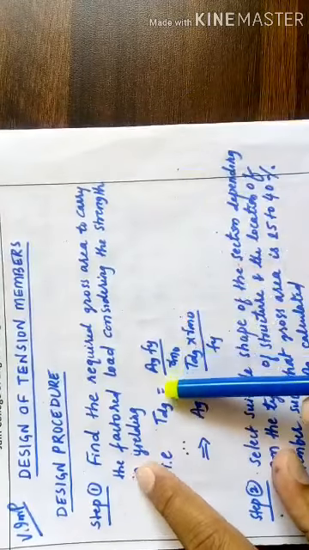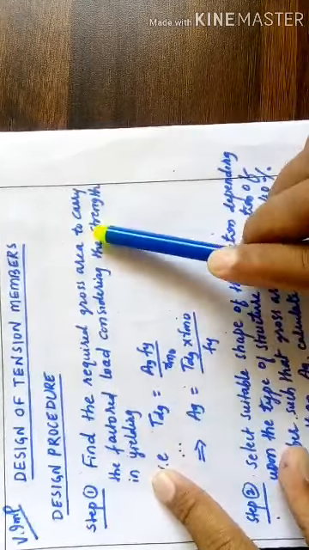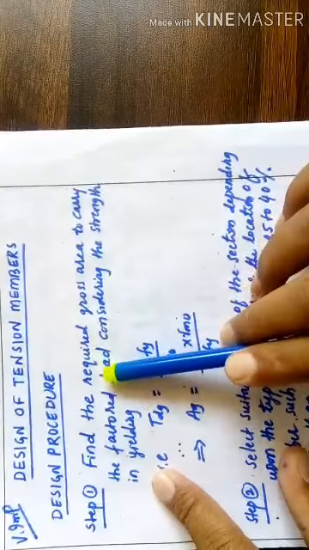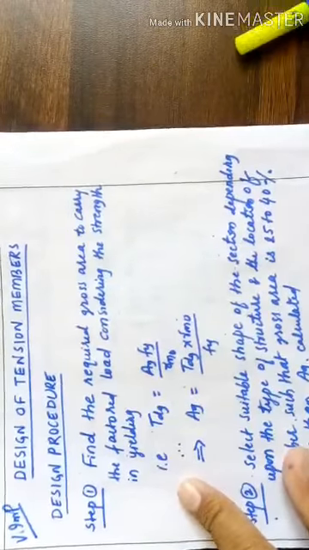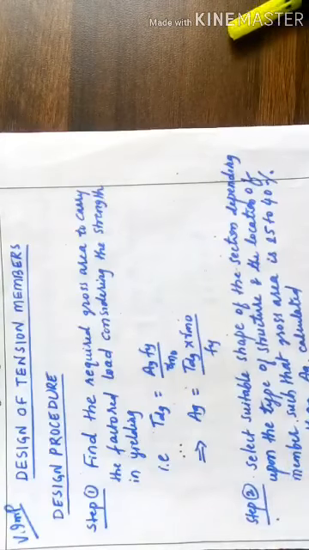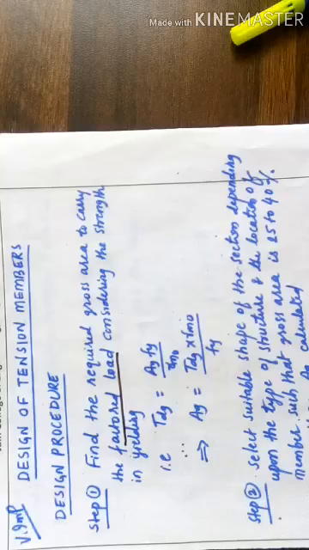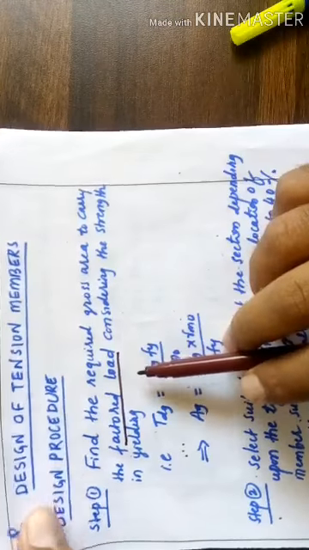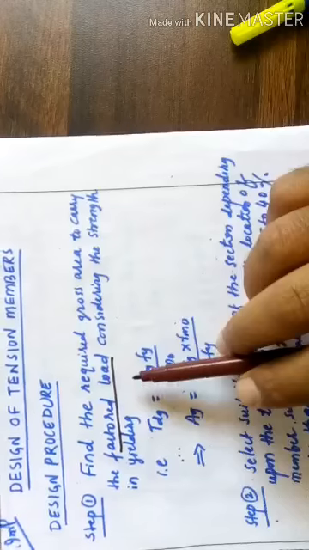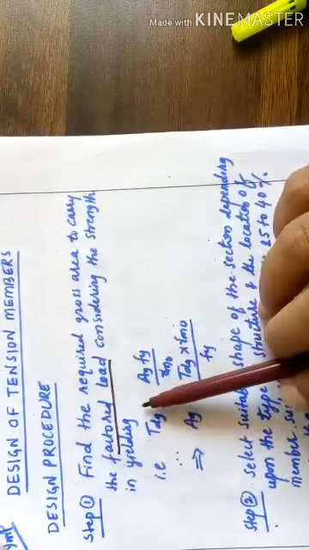Step number one: first we need to find the required gross area for the given load. Find the required gross area to carry a factored load. Here the factored load will be given. If the service load or the working load is given, you have to convert it to a factored load, then calculate the required area, considering the strength in yielding.